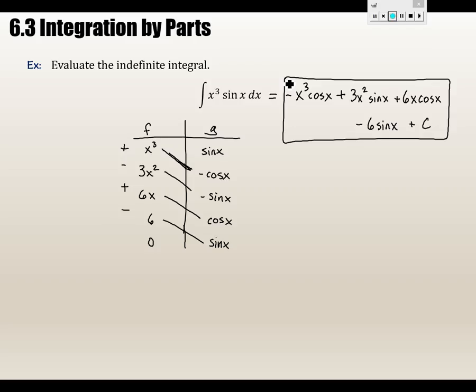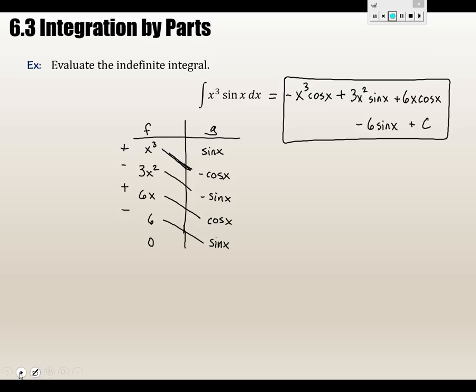We also get 6x sine x, which is okay because when we take the derivative of this, we get negative 6x sine x, that cancels out. Plus also 6 cosine x, but that's okay because the derivative of this is negative 6 cosine x. We're good. So you can see it's actually not too bad to check these, even ones that look terrible like this.